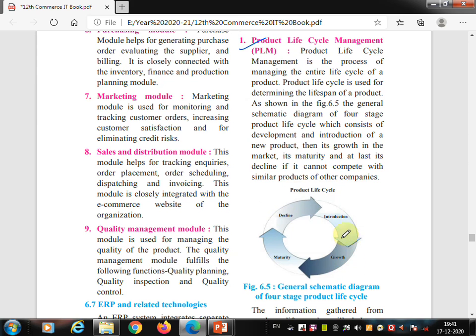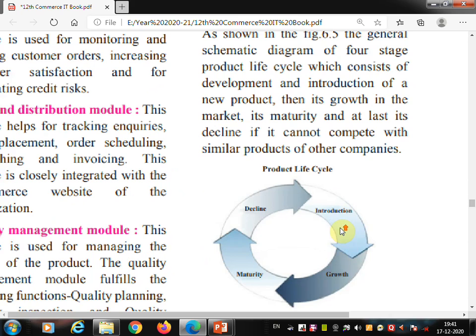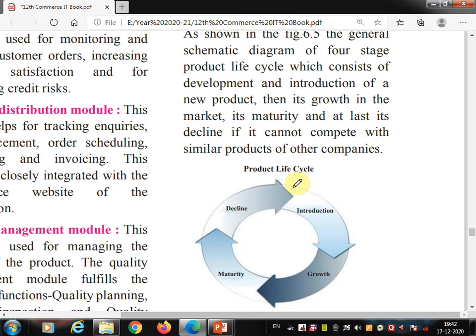If you look at this diagram, the product life cycle is shown: introduction, growth, maturity, and decline.